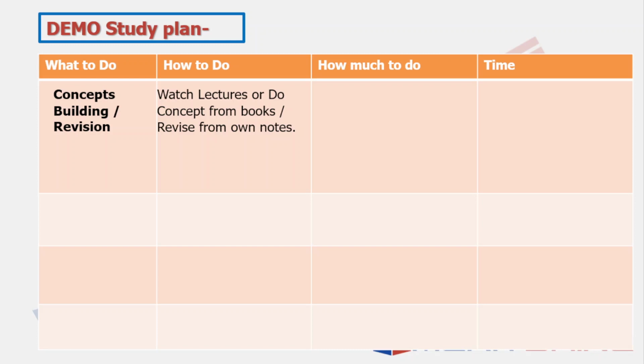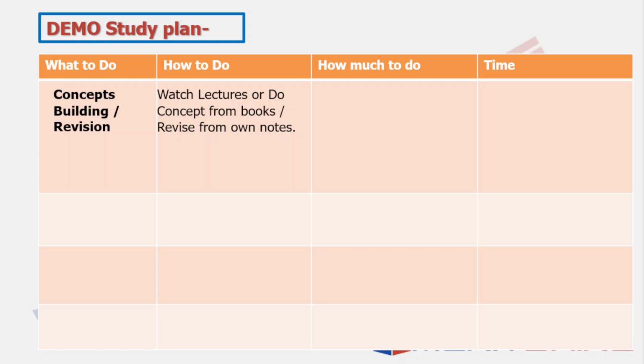Now revision. Those who are revising, you have done your concepts from your lecture or the course that you have taken, and you are now revising. The best way to revise is from your own notes. For example, in our course we tell students, when you build your concepts from lectures, do take notes of those lectures, of the important concepts.